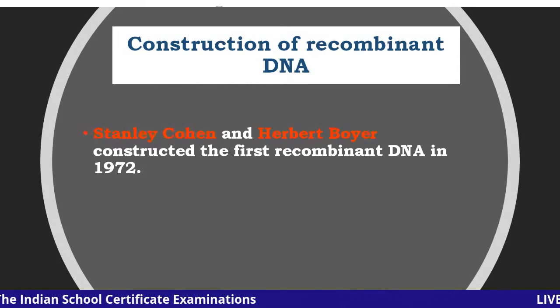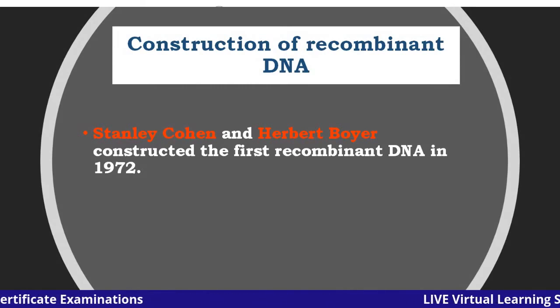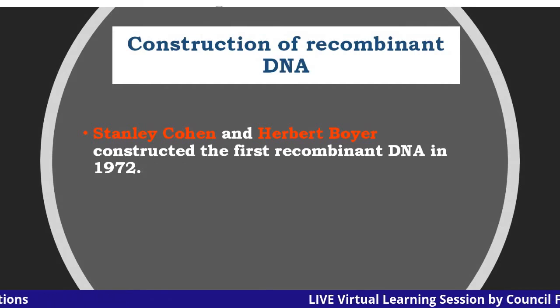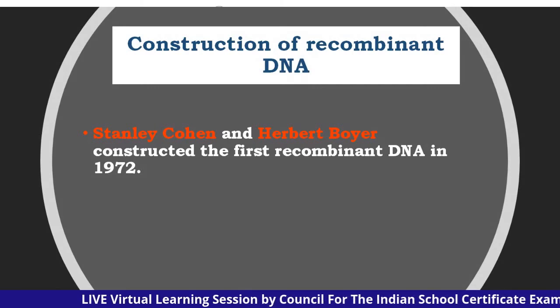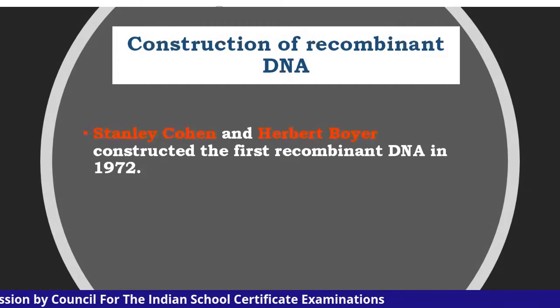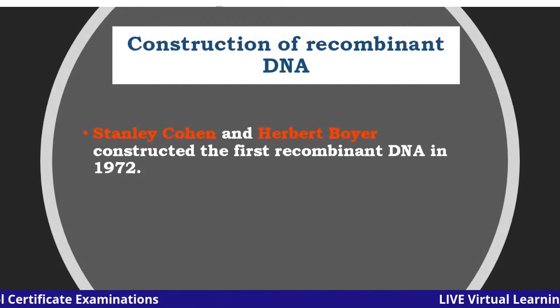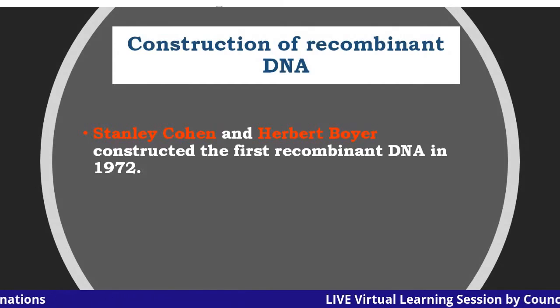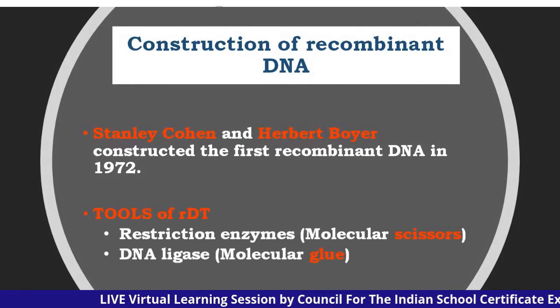These are the people who started genetic engineering in a proper way. Stanley Cohen and Herbert Boyer created the first recombinant DNA in the year 1972. Since then, lots of improvements have been made in this process.